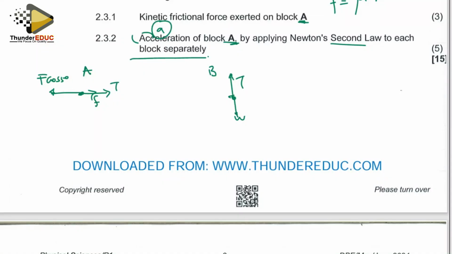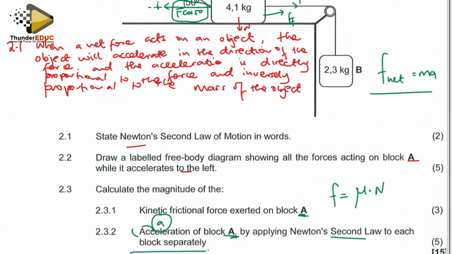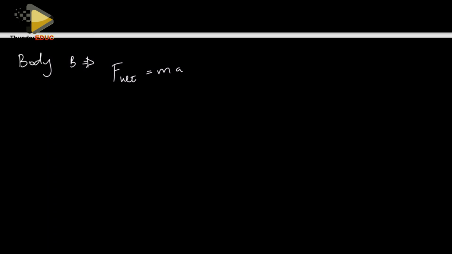Let me start by writing the formula that F net is equal to ma, just to get the mark for that formula. Then if we do the substitution, it's going to be tension minus the weight should give us the ma.